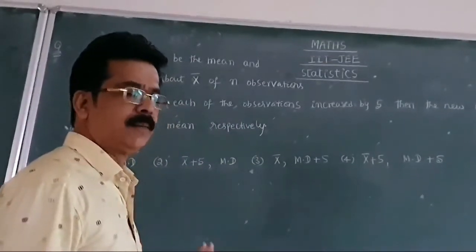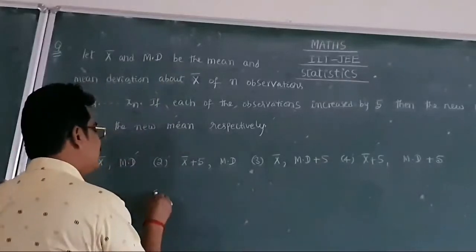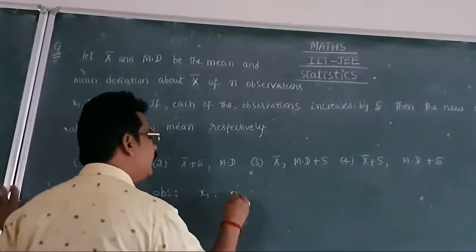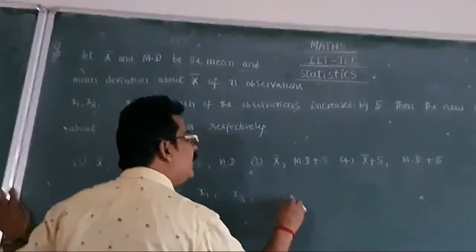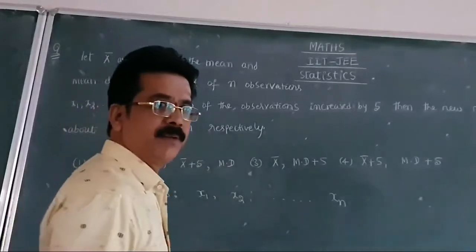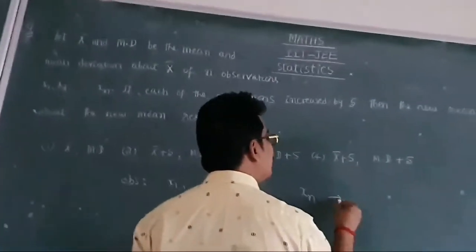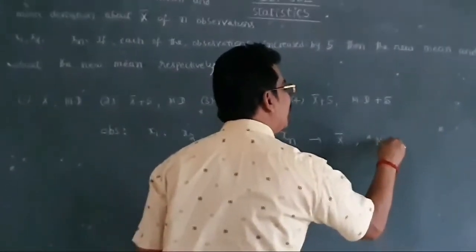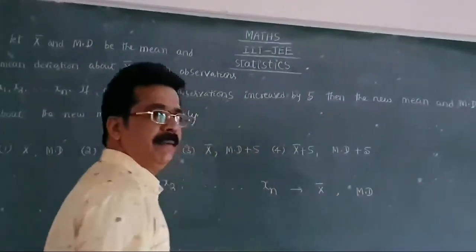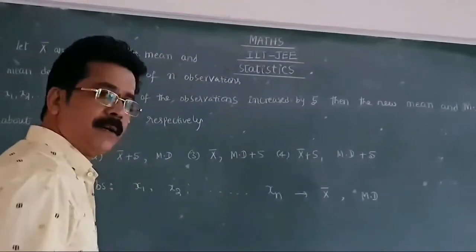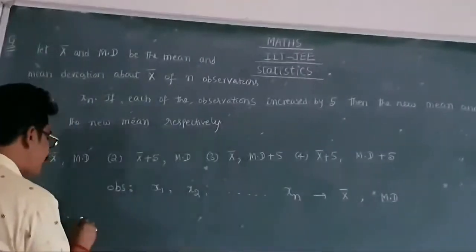This is the question. One minute. Original observations x1, x2, and so on, xn. Its mean is x bar and MD is the mean deviation of the original data, right? New observations.